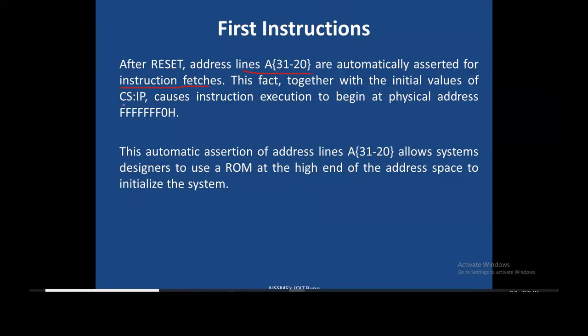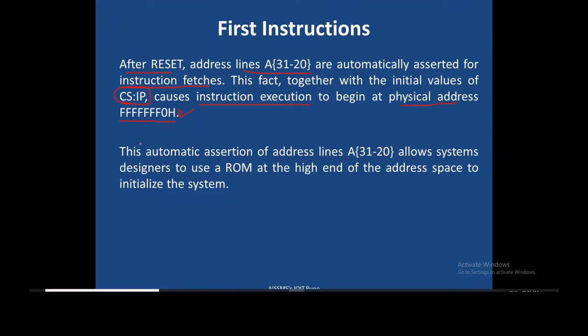The initial values for the CS:IP pair, which we require for the instruction fetch, are also initialized, and instruction execution begins at a default physical address, that is FFFFFFF0 in hex.